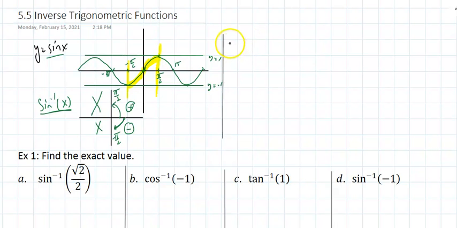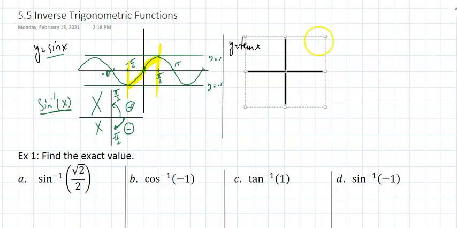When I look at y equal tangent, that does match. Because if I look at a graph of a tangent, I notice for the tangent, I could move as far as pi over 2 or negative pi over 2.